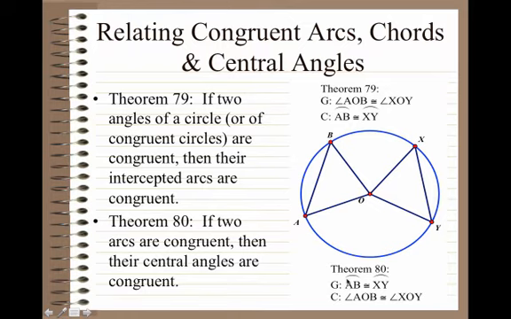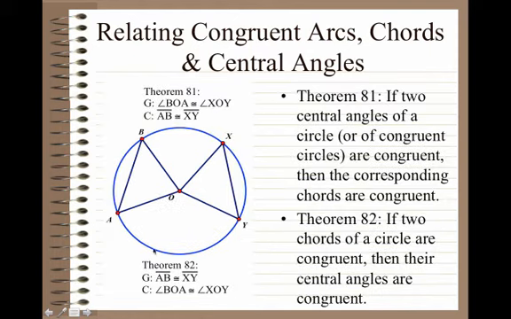Now let's take a look at if we knew the arcs were congruent. Well, if the arcs were congruent, therefore the angles would be congruent. So if I knew AB was congruent to XY, then angle AOB would be congruent to angle XOY.